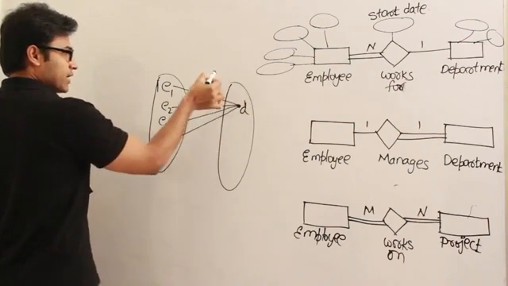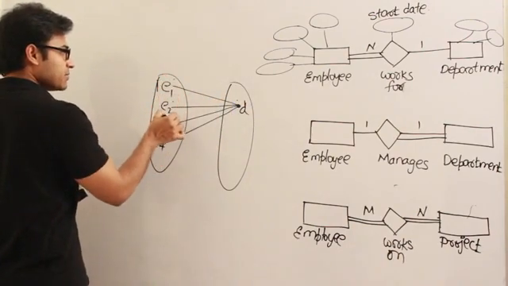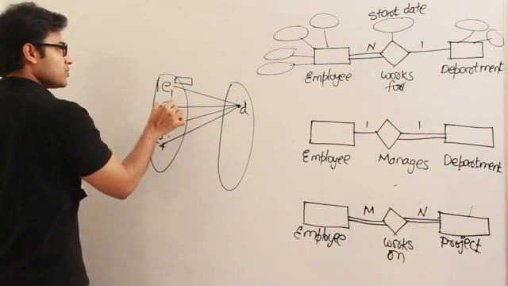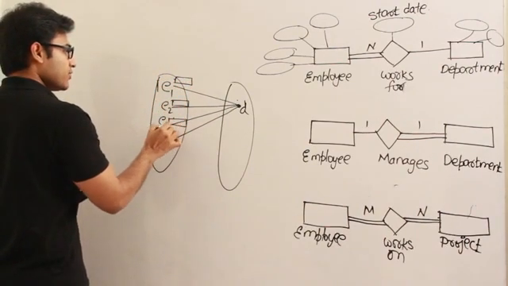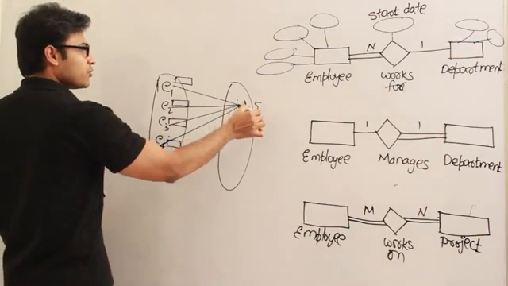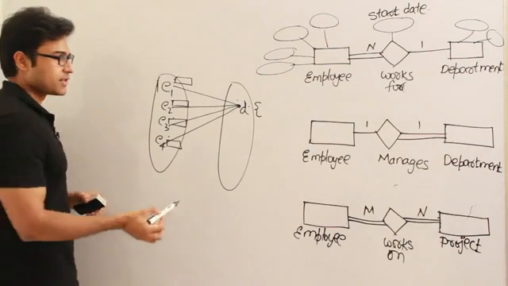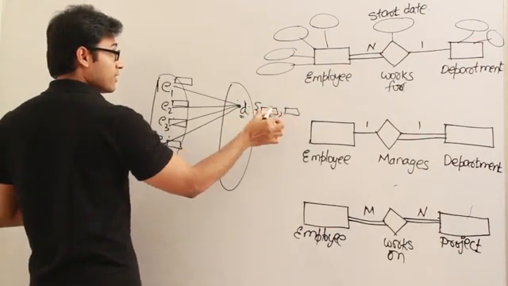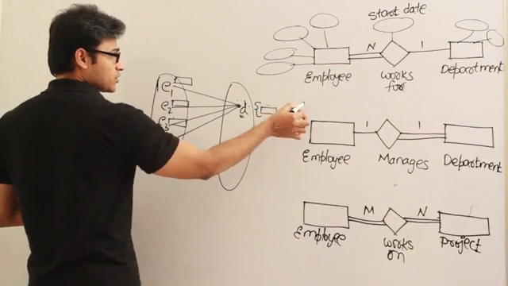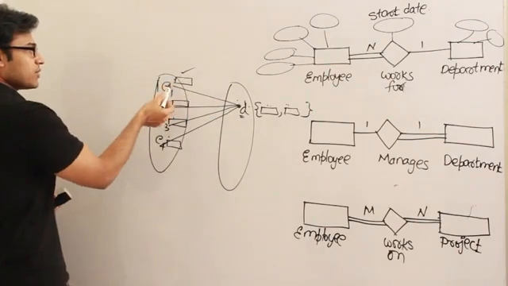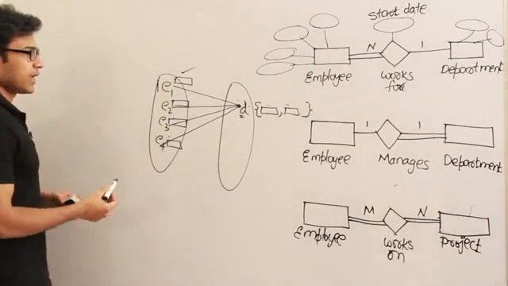Now giving this attribute to the employee side is beneficial because every employee can have a starting date attached to that particular entity without any problem. But if I have to put the starting date here, it is going to be a multi-valued attribute there, which means for every employee I might have to add a start date, and which employee has which date is going to be really confusing. So if I put the attribute this side, it is going to be easy to identify it.